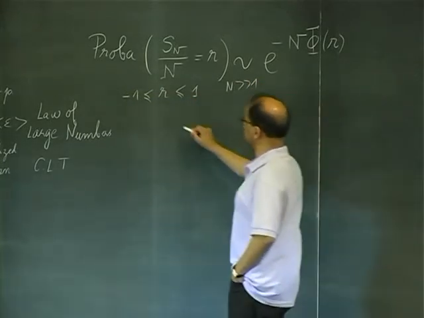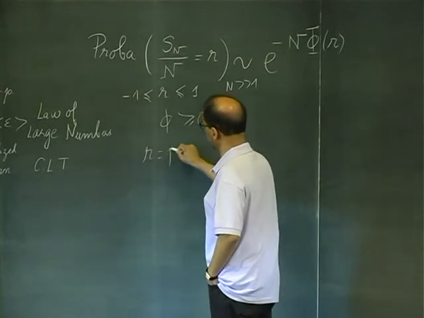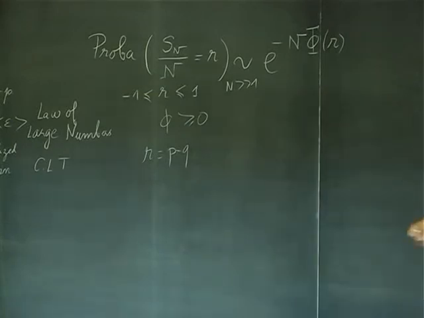If r is equal to p minus q, which is a typical value when n becomes big, what is the value of phi? What can you say about phi?